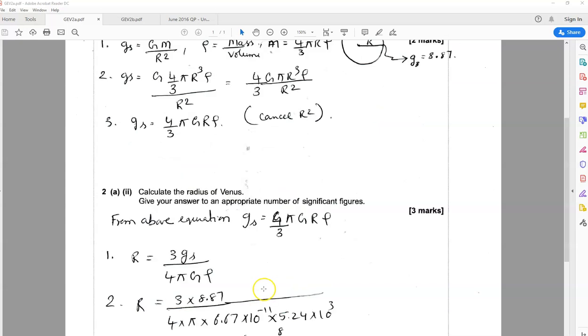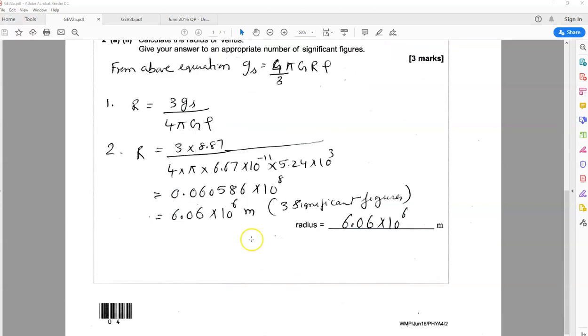You just have to rearrange this expression and make r the subject. You'll end up getting r equals 3g by 4 π G ρ. Substitute the value of g, which is 8.87, and all the other values, which are given in your data book and in the question. If you substitute, you'll end up getting a value something like 0.06058 times 10 to the power of 8.